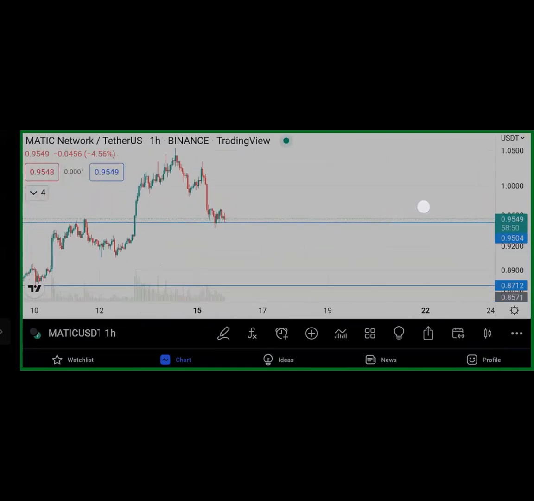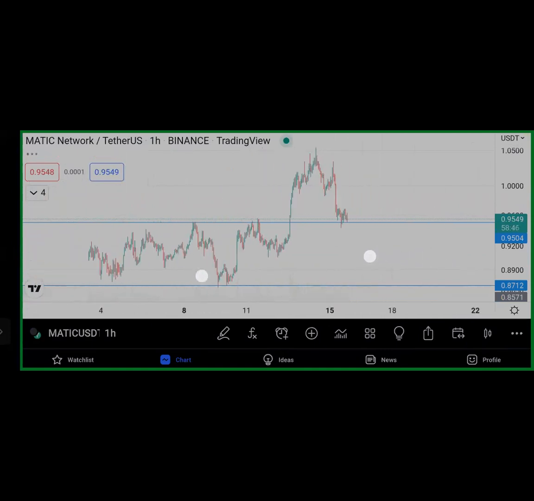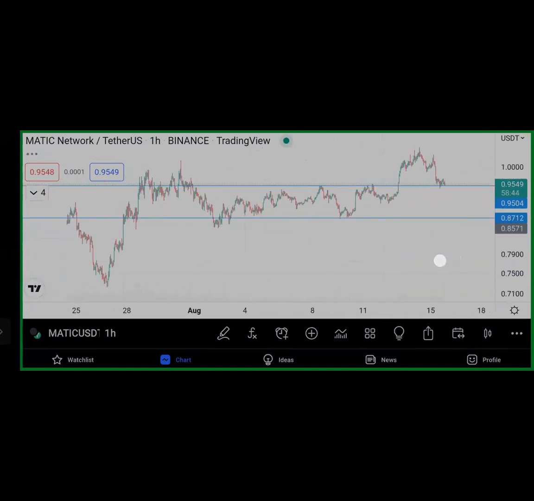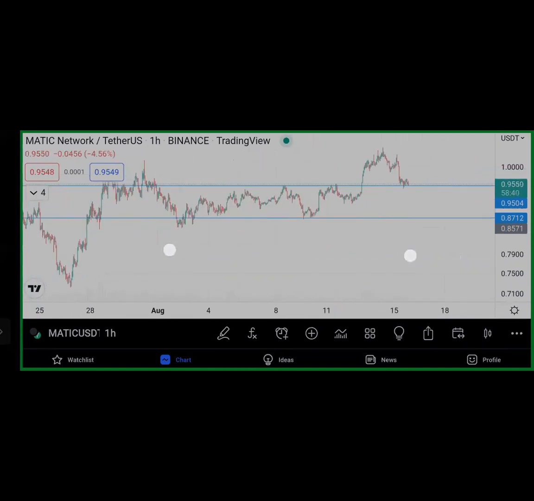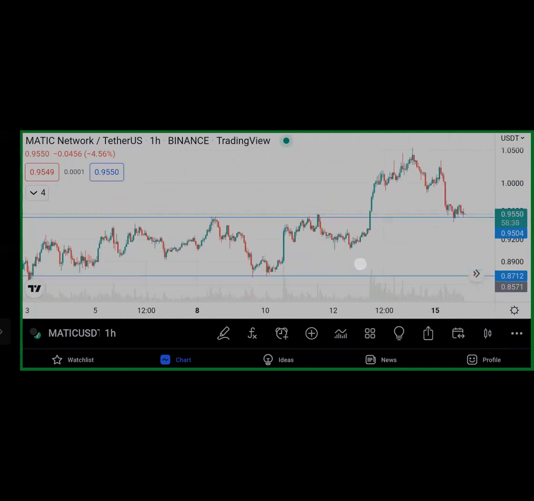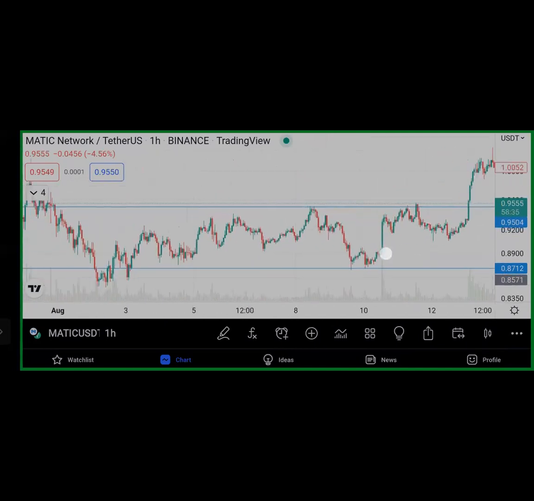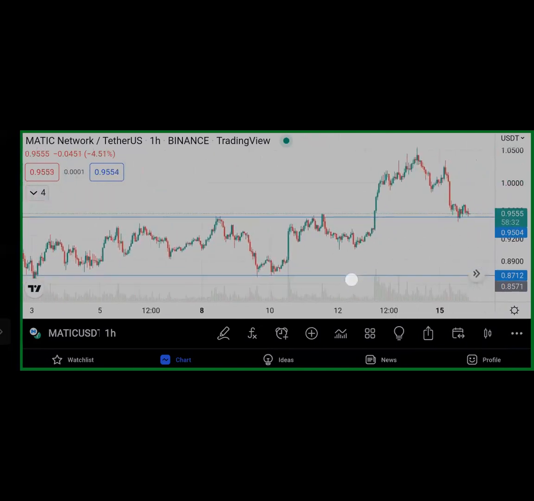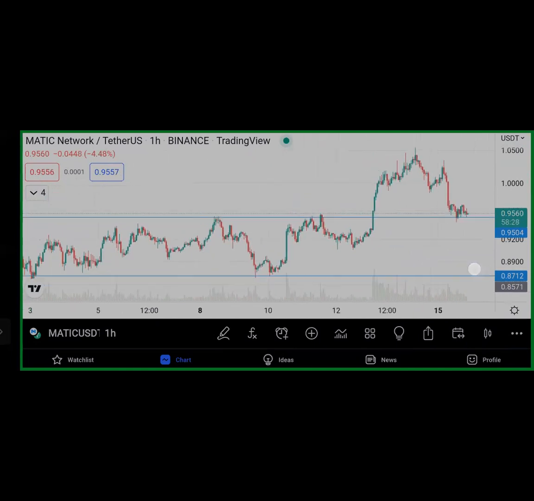All right. Matic is even at my support line itself. This is kind of another pattern, yeah. It's been long since I even looked at Matic. I'm even surprised to see that these lines have been respected. Like, seriously? Look at that. You can see it's currently at what?